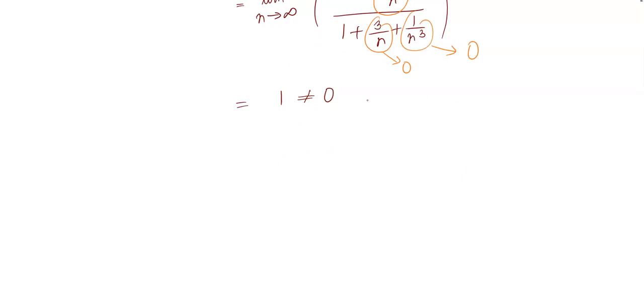Second condition says if the limit of that ratio An over Bn is not equal to 0, and if the series summation Bn diverges, then the original series also diverges. And so we have to determine if summation Bn diverges.